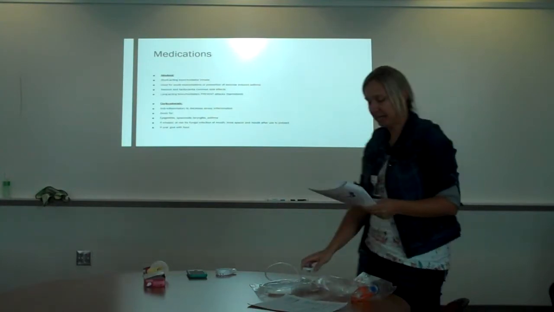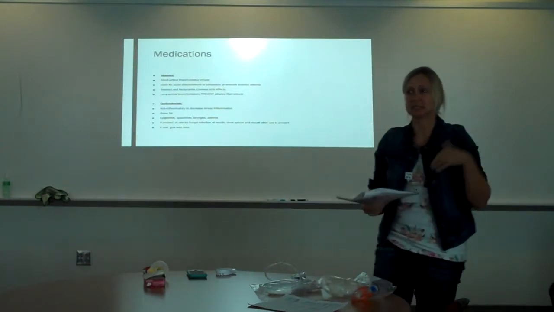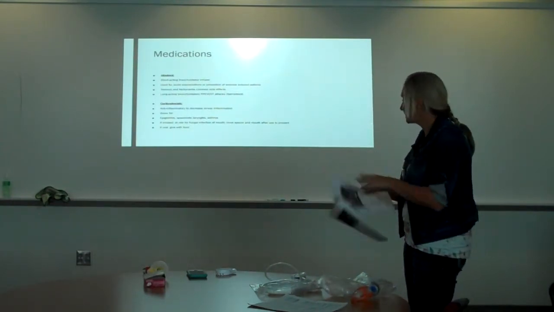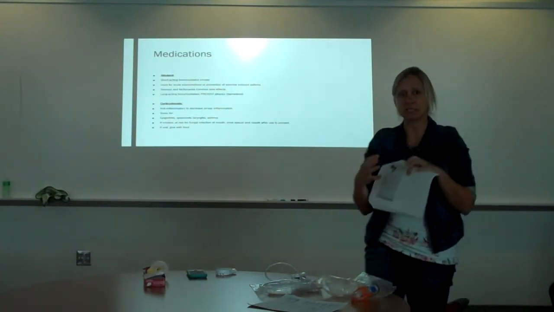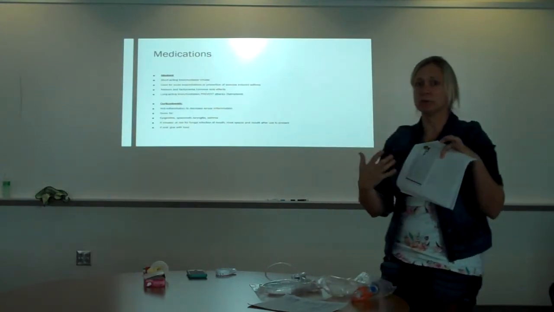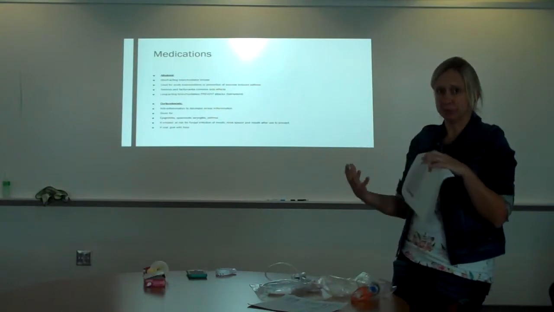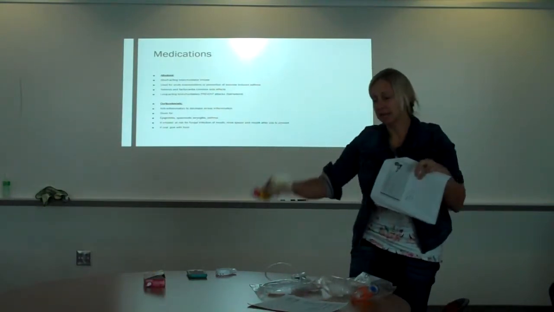So specific medications, ATI breaks them down: short-acting beta-agonist, long-acting, and then steroids. So basically what I want you to get out of that is if we're having an acute asthma attack and we want to better that patient immediately, we want a short-acting beta-agonist such as albuterol. And most likely it's going to be administered through an inhaler.